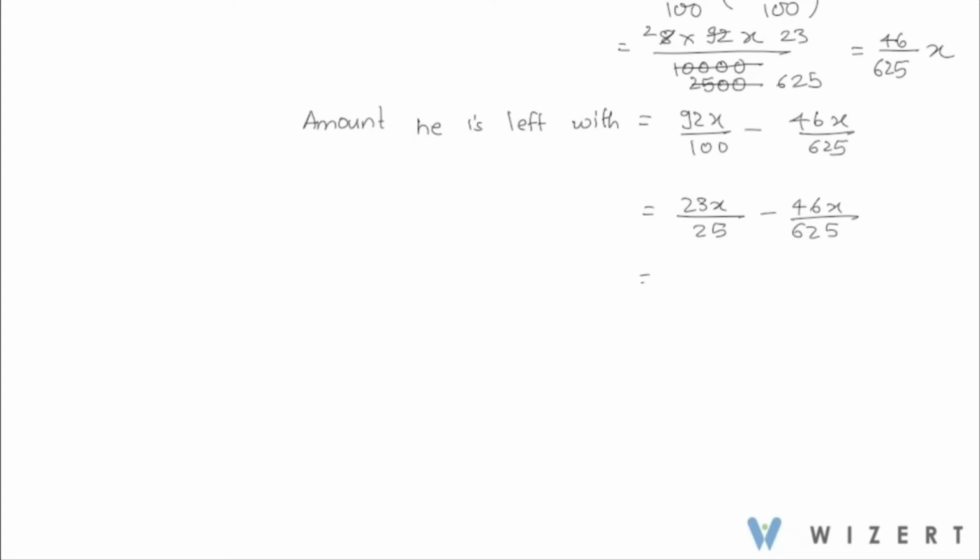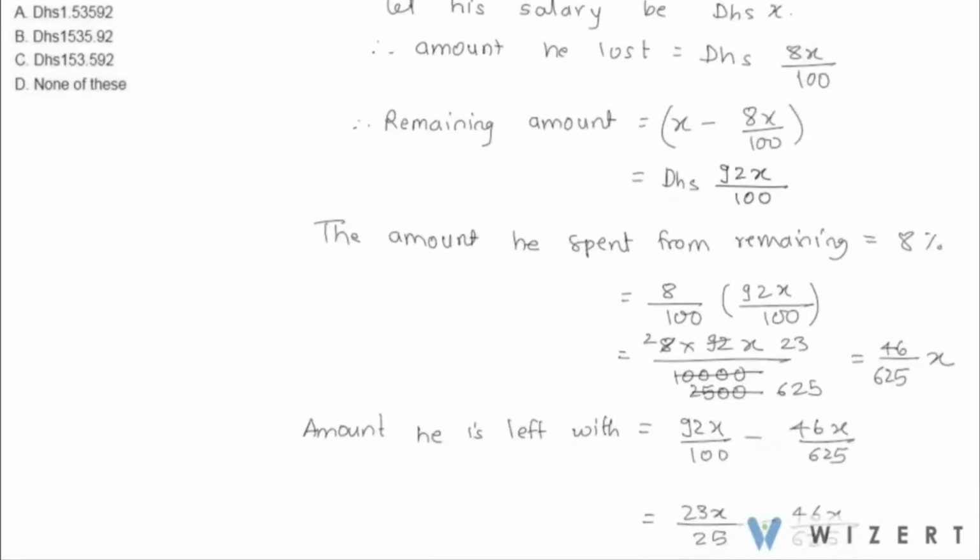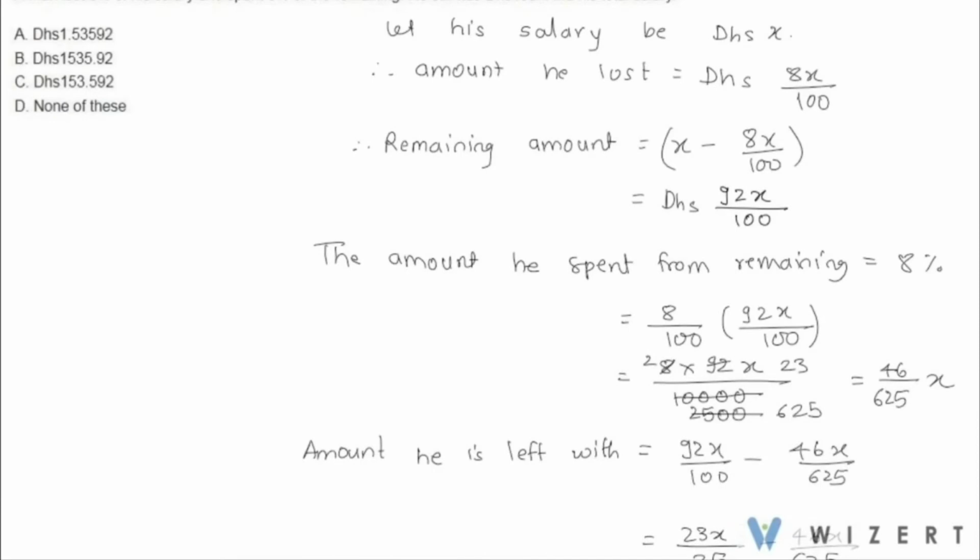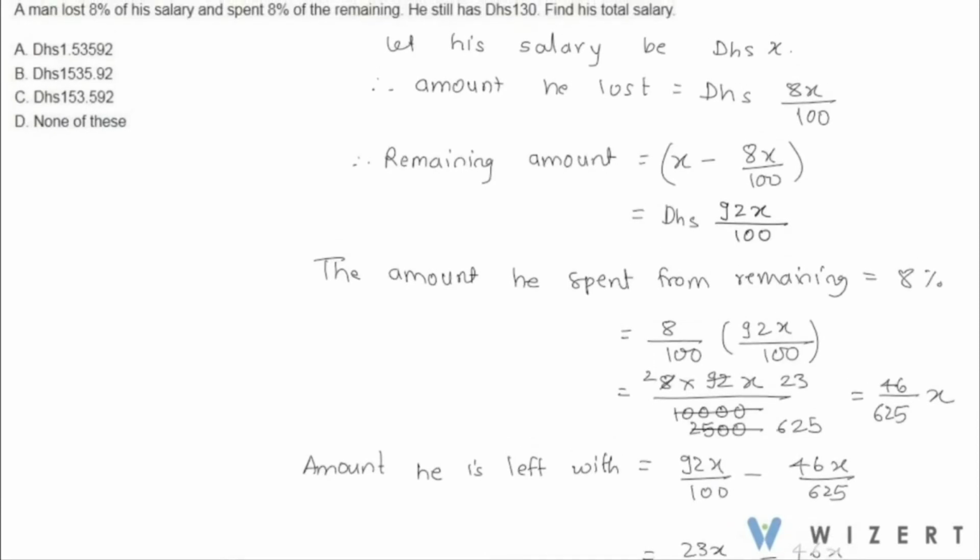So we have 25 3s are 75, 25 2s are 50, plus 7 is 57, 575x minus 46x divided by 625. And this amount is given as how many dirhams? Let's see. This amount is given as 130 dirhams.